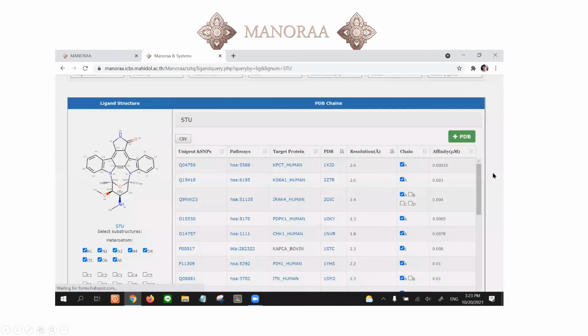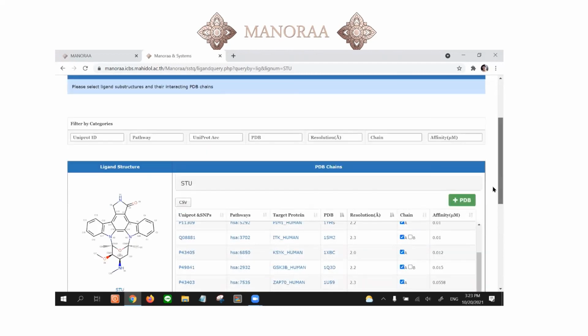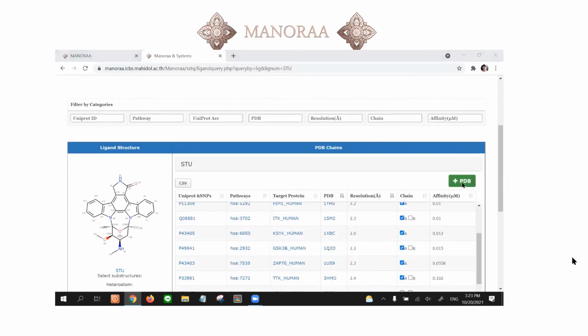You can also see the affinity. Affinity is sorted from smallest, which is the tightest binding, to the loosely bound and the non-binding PDB codes. And you can also upload a PDB here.